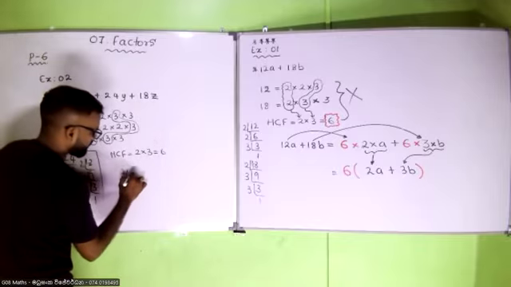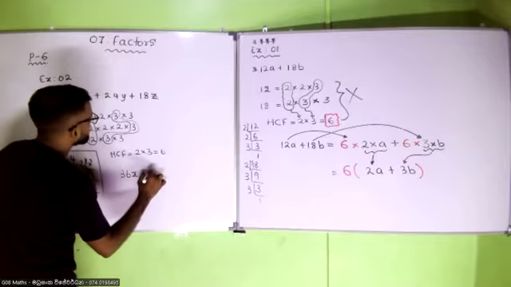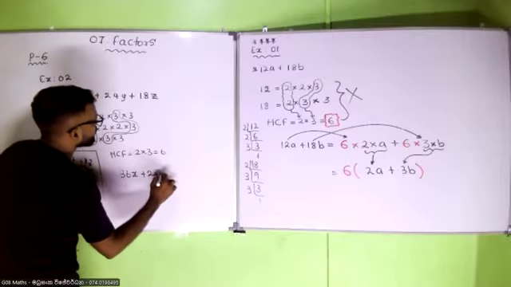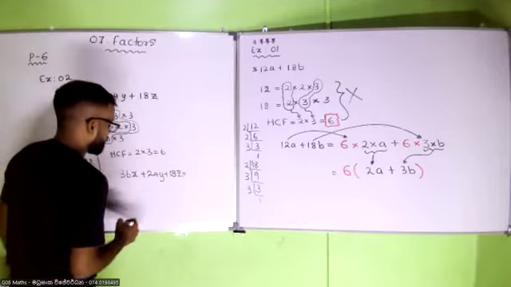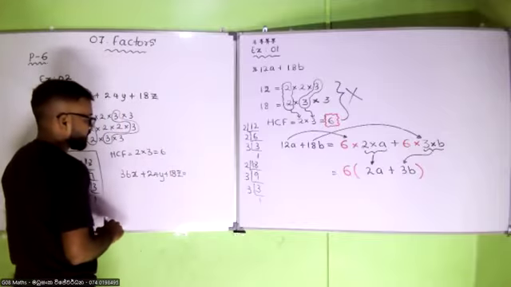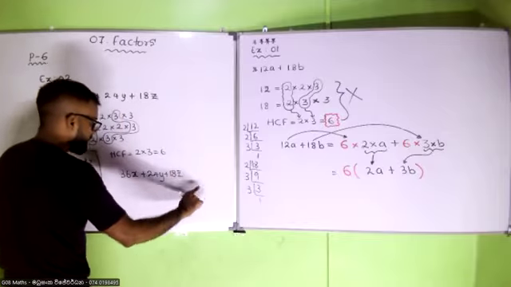So 36x plus 24y plus 18z. How are we going to represent that?